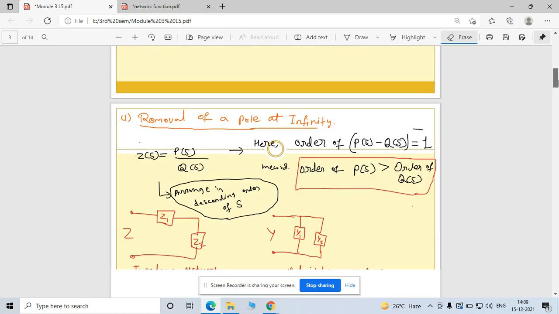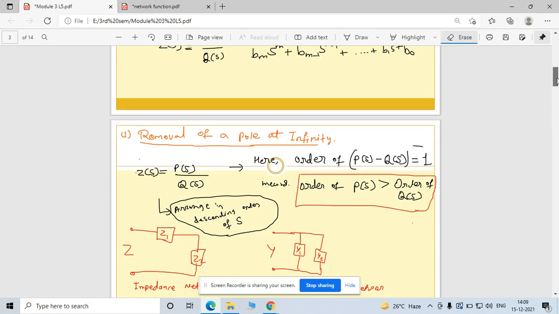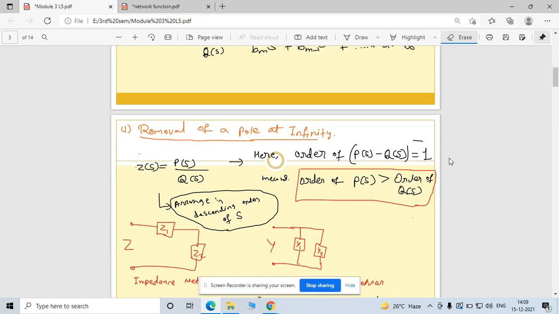So see here, removal of pole at infinity. Here your numerator degree is greater by an order of 1, because we already saw for the Hurwitz criteria that the difference of the degrees, or the order of numerator and denominator, should be equal to one or 0.